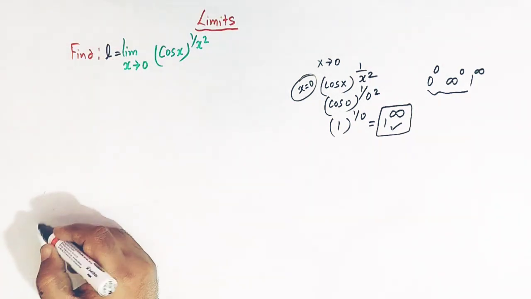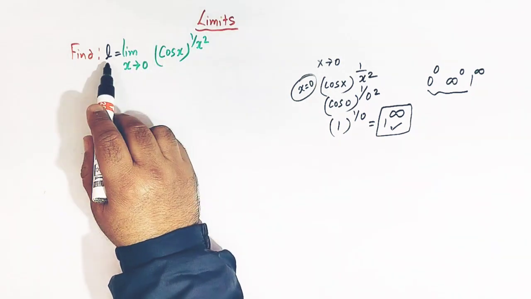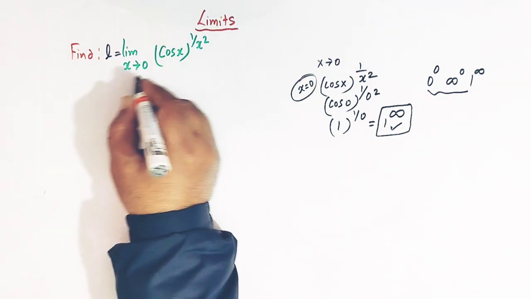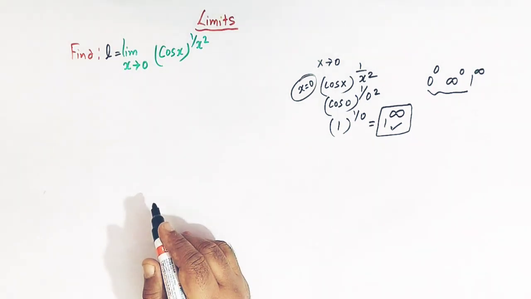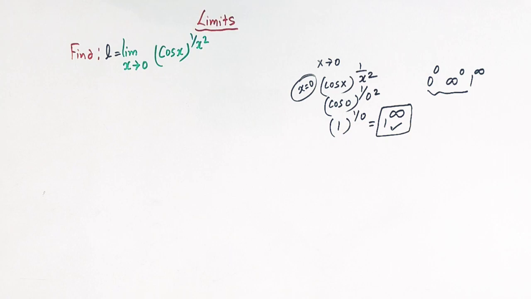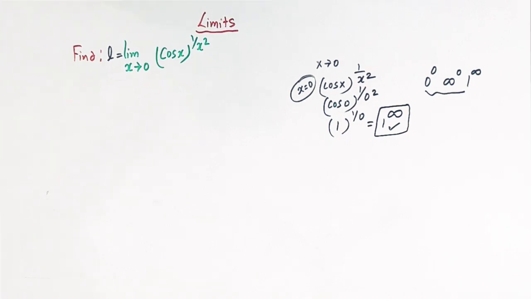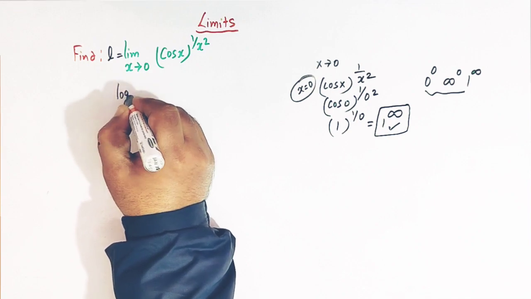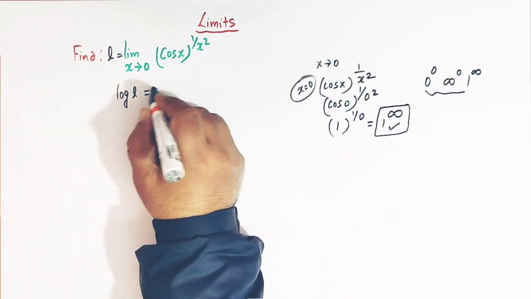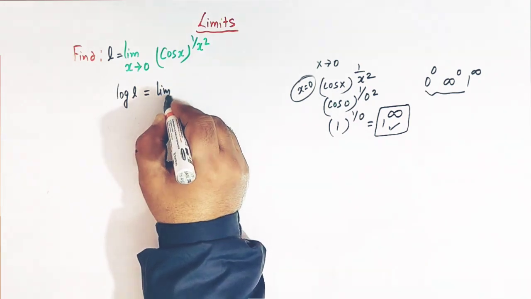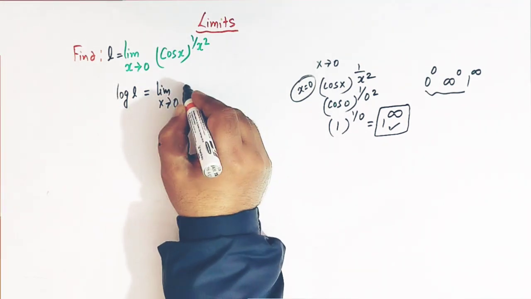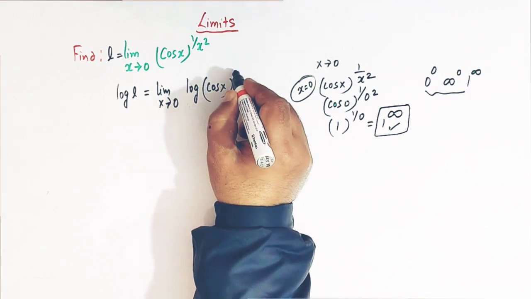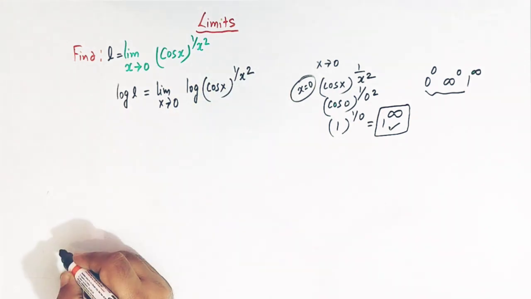L, right? And what we will do, we'll take the logarithm of both sides, right? So when we take the logarithm of both sides, what we will get, so we'll have a log of L, and then we have limit x tends to 0, and here we have log of cos x raised to 1 over x square, right?